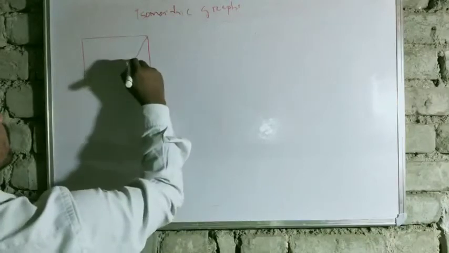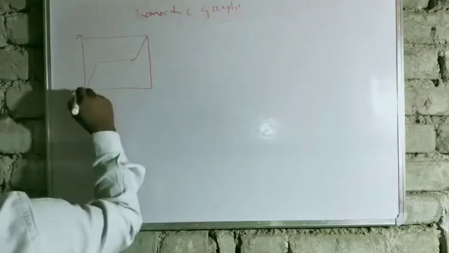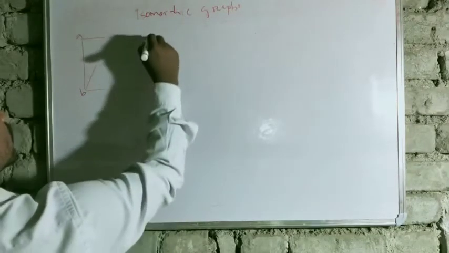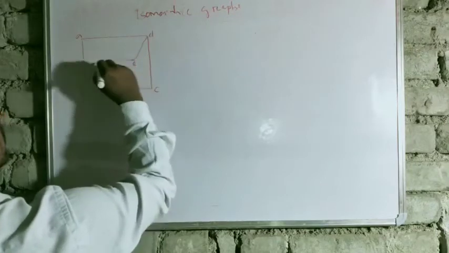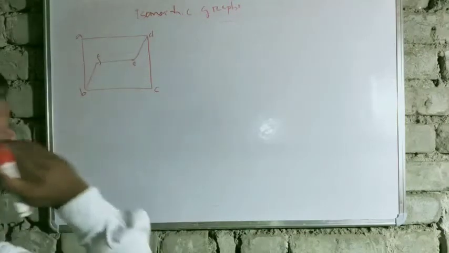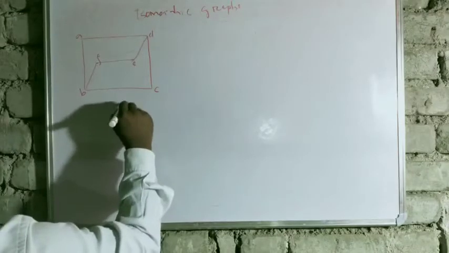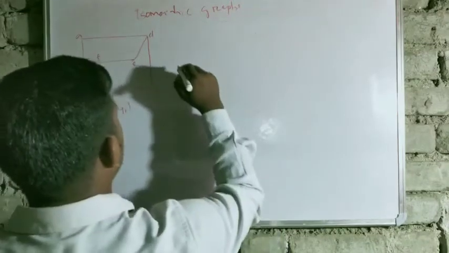This is a graph with vertices A, B, C, D, E, F. These are its 6 vertices. This is the graph G1. Similarly, take another graph.